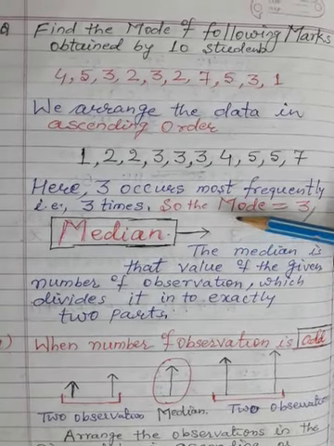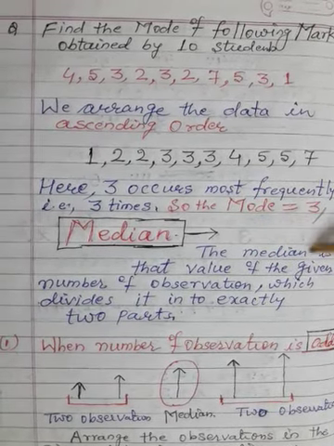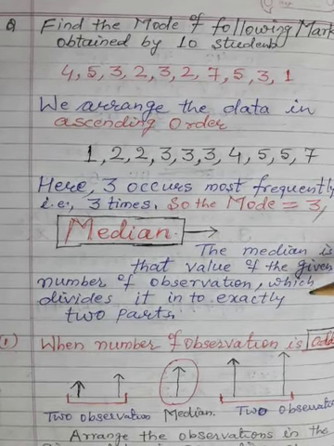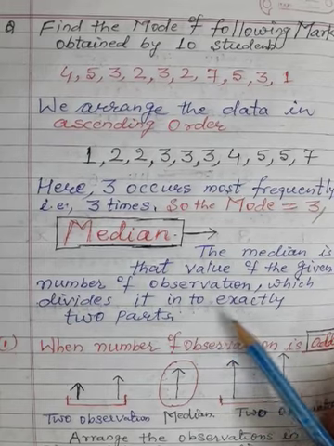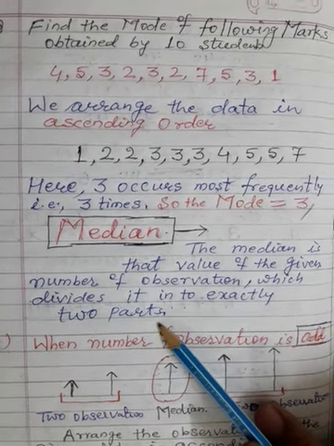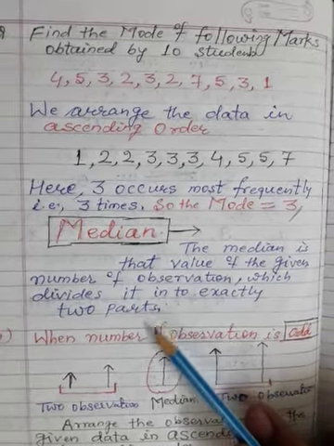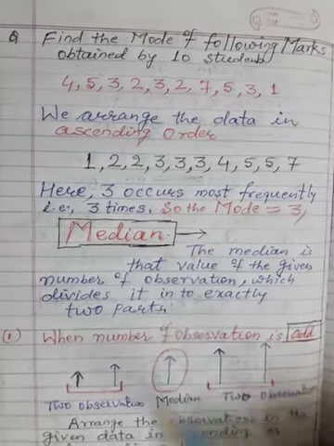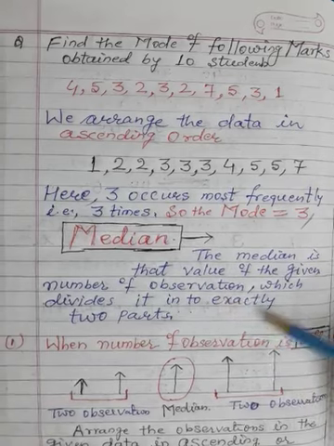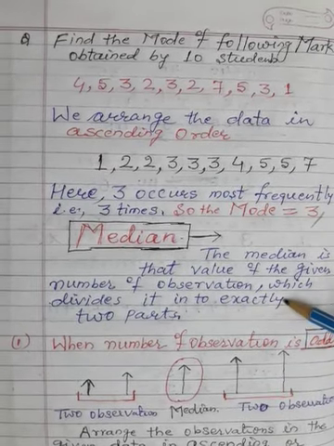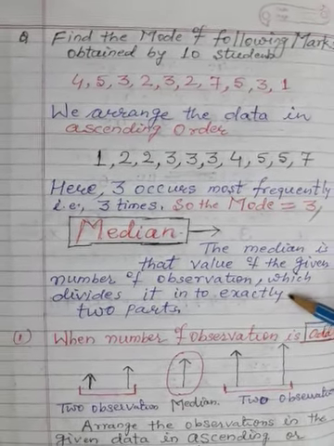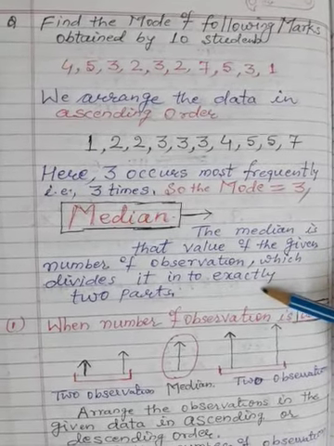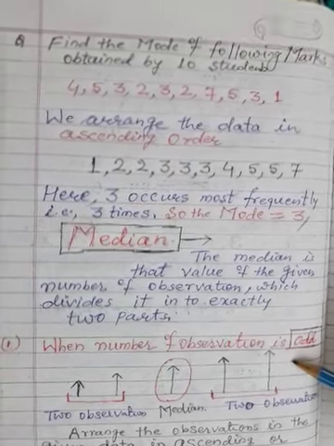When data is arranged in ascending order, the median is that value of the given number of observations which divides it into exactly 2 parts. To calculate the median, first we will arrange all the data in ascending order. Now we can understand median by a very simple method.